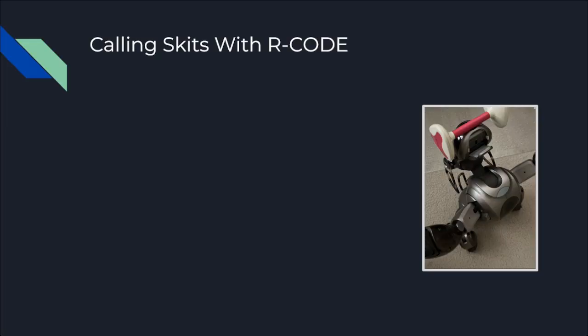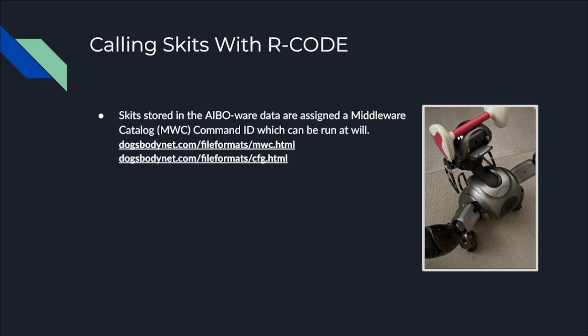That's great. So we can indeed call skits with our code. The skits in legacy AIBOs are assigned a middleware catalog ID, known as an MWC ID, which allows you to run any skit. In this case, for the 7 domain, any sort of skit in the R code base, which has an assortment of Mind skits already.